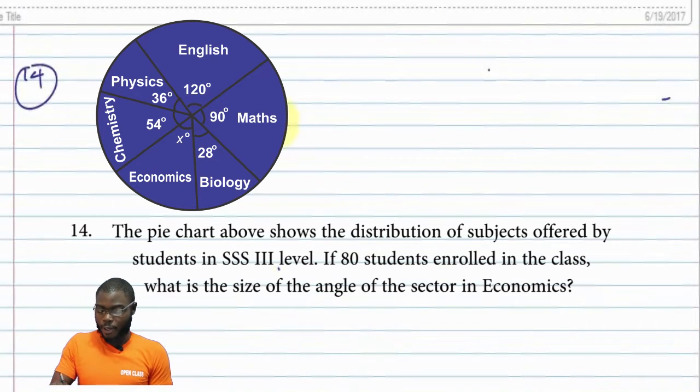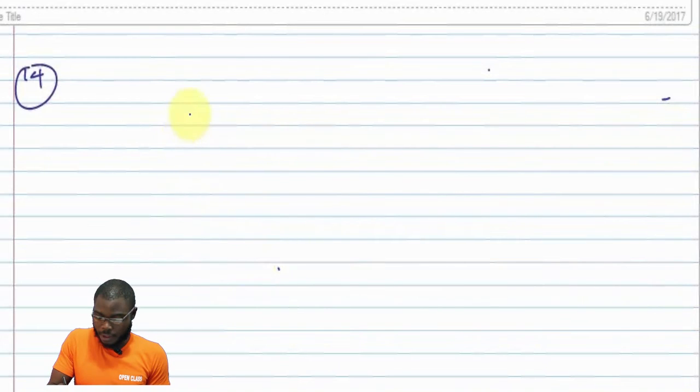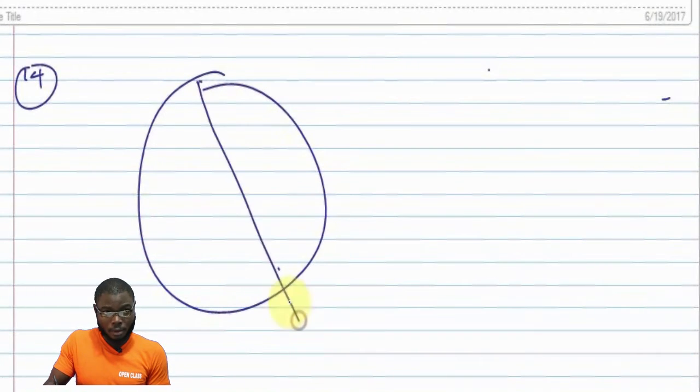So you have various sectors. What you need to do is just sum up the angles, and you have physics to be 120 degrees.